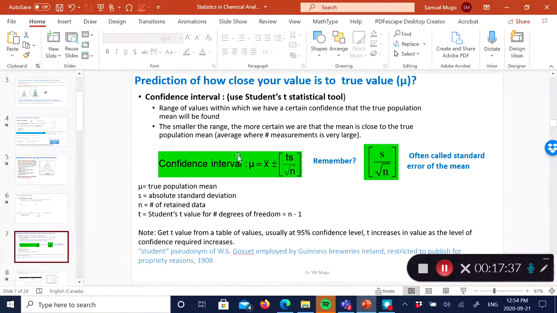And so this confidence interval relationship, you can say mu is equal to x bar plus minus t, the student's t, multiplied by the standard error. Okay. And we use it again to approximate how far my experimental data is from the true value.